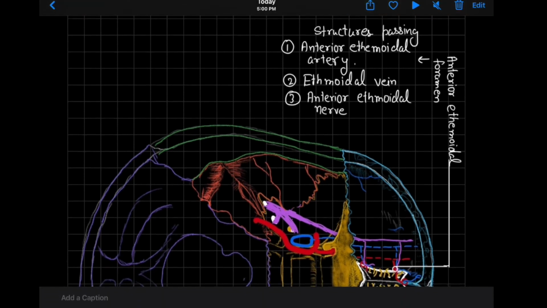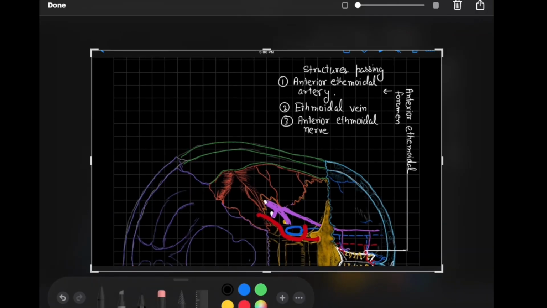You can see the foramina of cribriform plate. We can see small olfactory nerves. These olfactory nerves join the structure known as olfactory bulb. Here, this is the olfactory bulb. Okay, this olfactory bulb joins olfactory tract, and olfactory tract conveys the olfactory information to cerebral cortex of the brain.